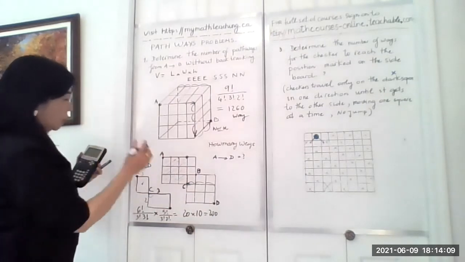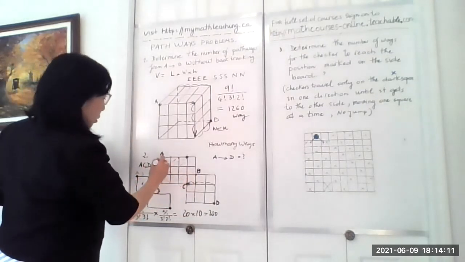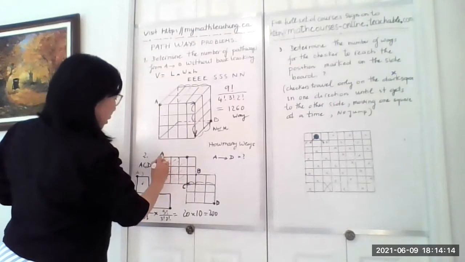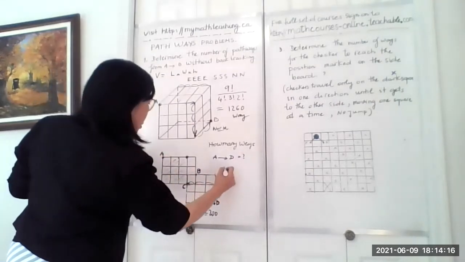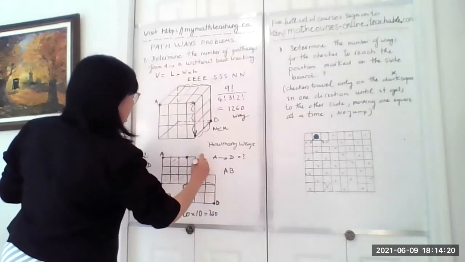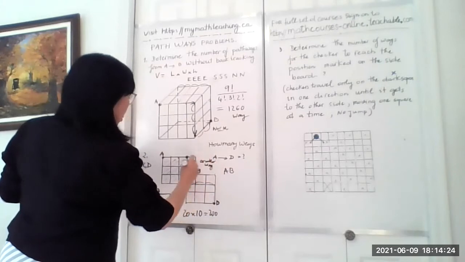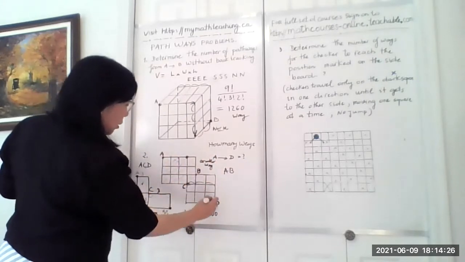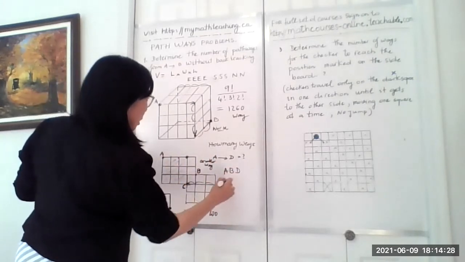Another way you can travel from A to B. So let's write down AB. So another way, right? Another way. You can travel from A to B to D. So ABD.